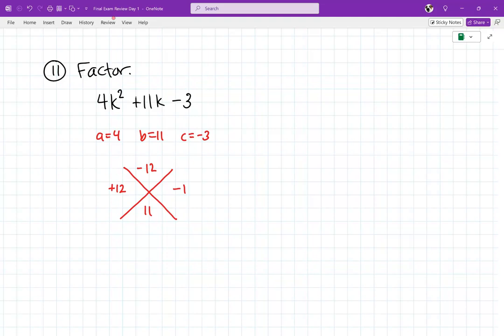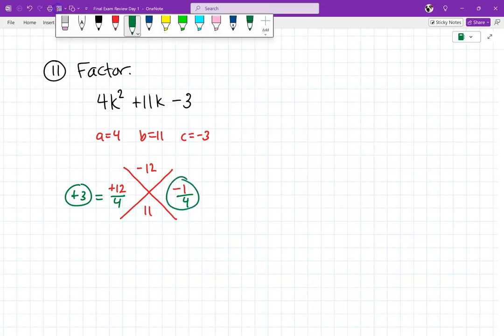I have to divide by A, always divide by A, but if A is 1, it doesn't do anything. So that's why we tell you, like, don't worry about it. But we're going to divide by A, which is 4. So if I divide by 4 on this first one, that's going to be a positive 3. And if I divide by 4 on this one, actually, that doesn't divide, so it's just negative 1/4.